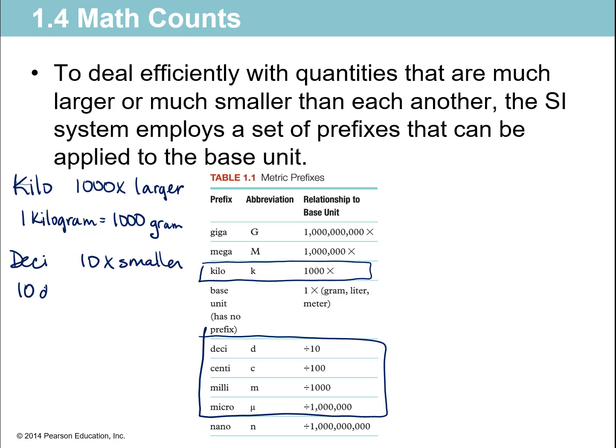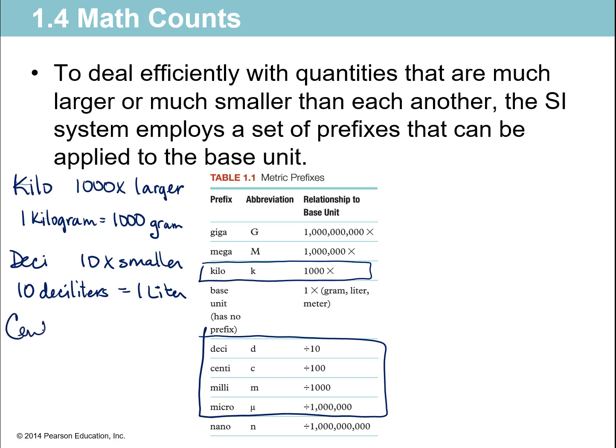So 10 deciliters is 1 liter. I could substitute meters in there, or I could substitute grams. 10 decigrams is 1 gram. 10 decimeters is 1 meter. So the term deci means that it's a tenth or 10 times smaller.